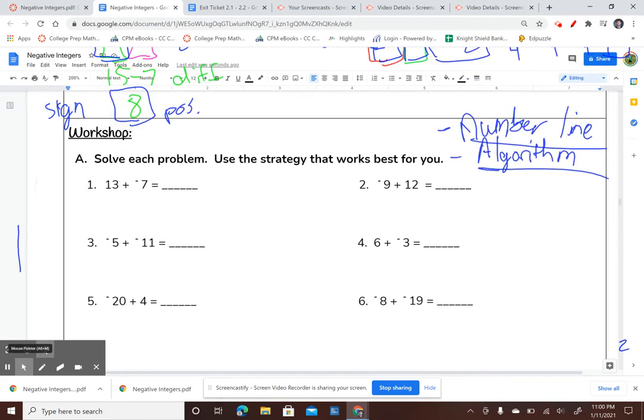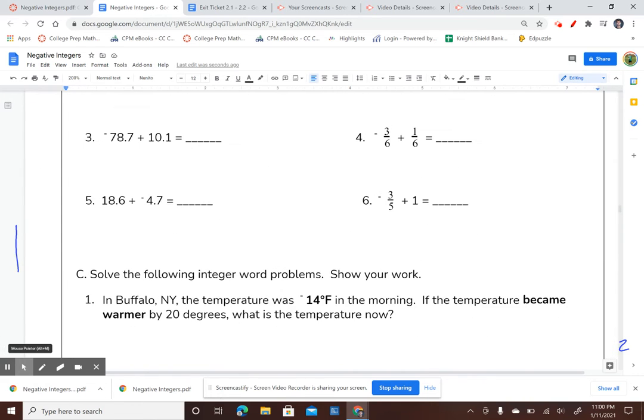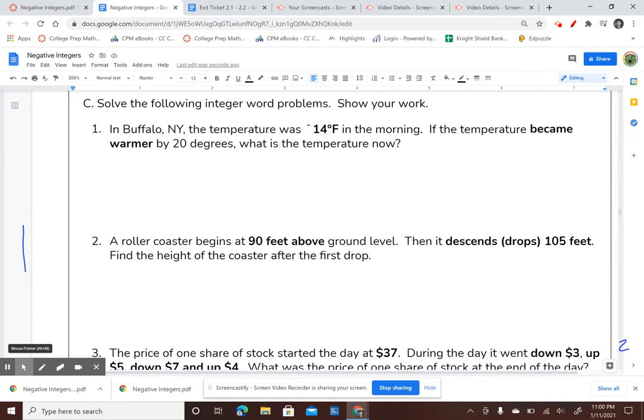After you go through and complete all of those problems for part B, you're going to move on to problem C, and that's real world problems. So if we look at, for example, question 2 here, it talks about a roller coaster being 90 feet above ground. So I want to have a positive 90, and then it descends or drops 105 feet.